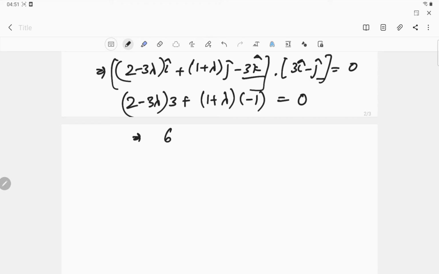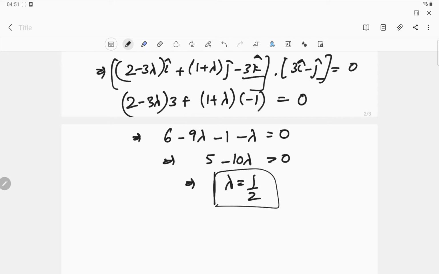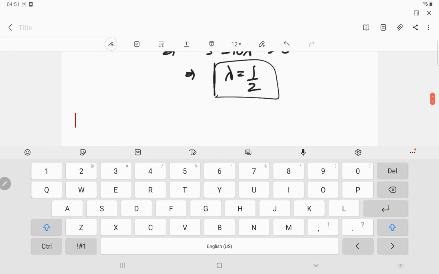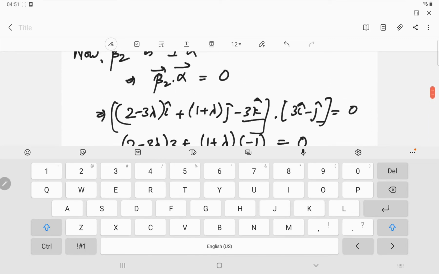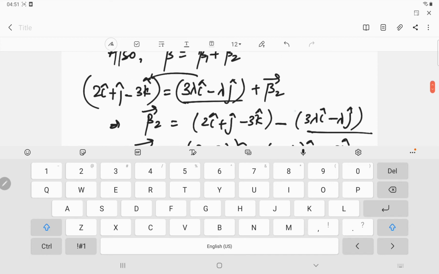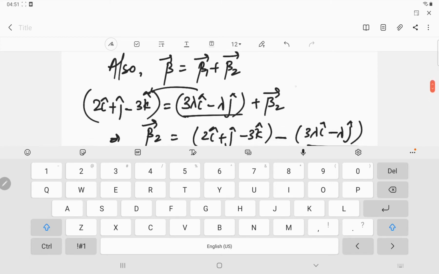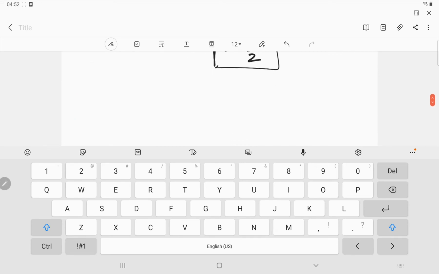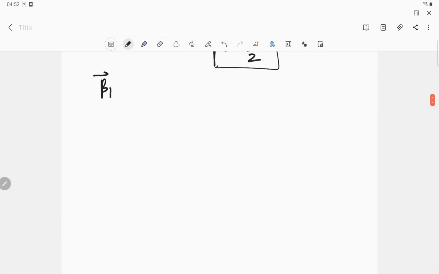So if we calculate, 6 minus 9 lambda minus 1 minus lambda is equal to 0, 5 minus 10 lambda is equal to 0, which implies that lambda is equal to half. So this is the value of lambda we are getting. Now we have to put this value of lambda in beta 1 vector and beta 2 vector, which were in terms of lambda. So if we put the value of lambda in beta 1 vector, it will turn out to be 3 upon 2 i cap minus 1 upon 2 j cap.